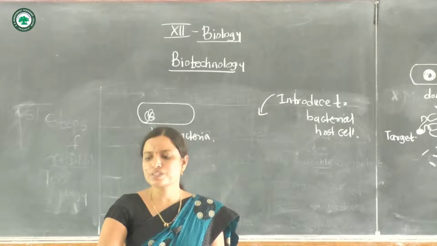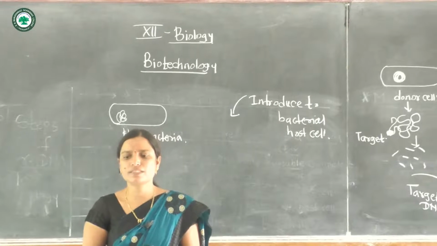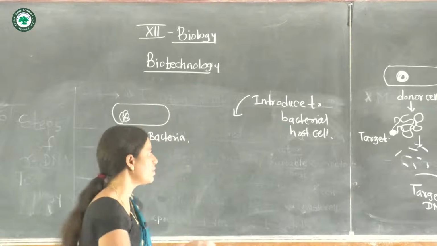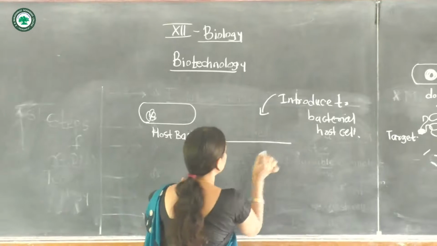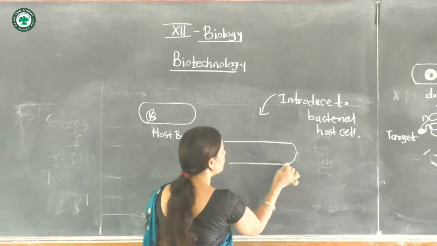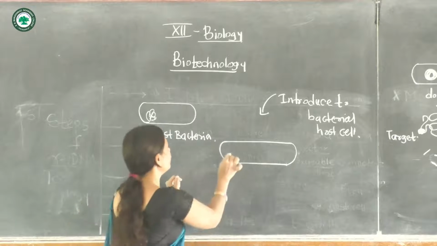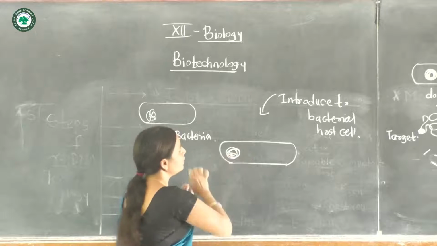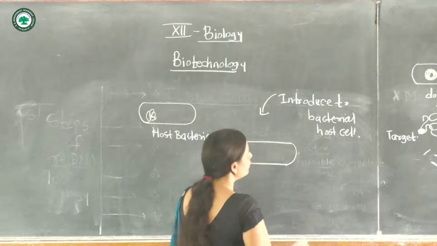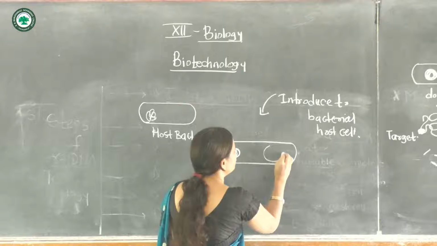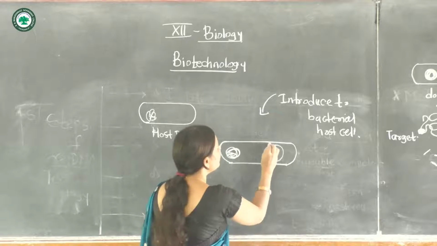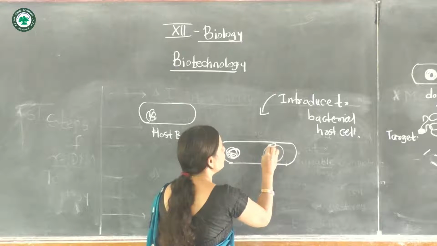This bacterial host cell means this genetic material they can transfer, we insert the genetic material through this bacterial cell. This bacterial cell has one genetic material, and with the help of this vector they can insert the genetic material into this bacterial cell.